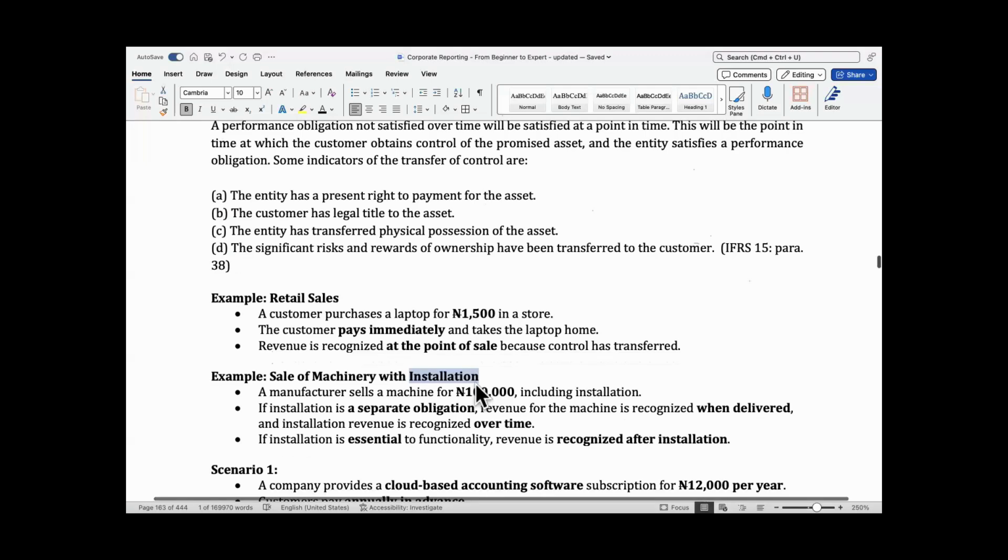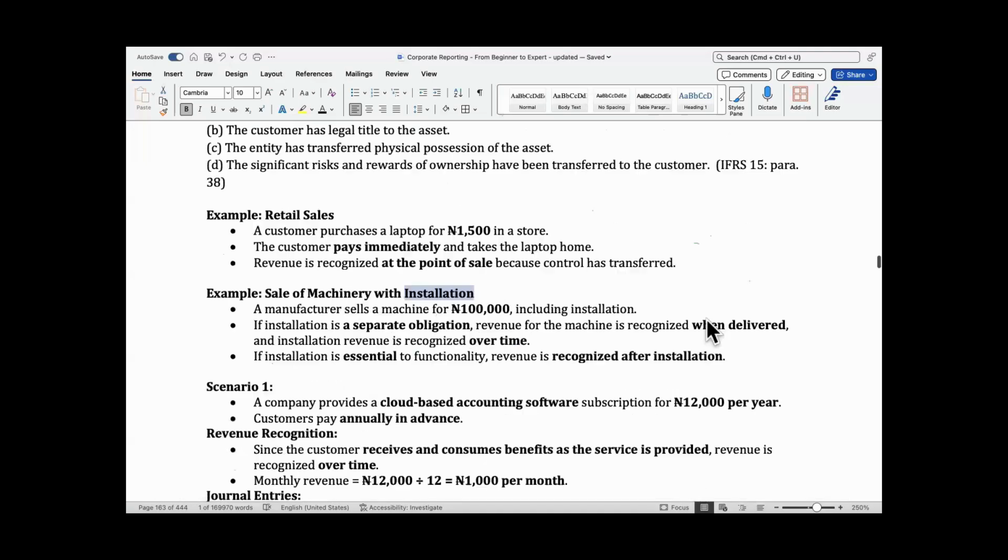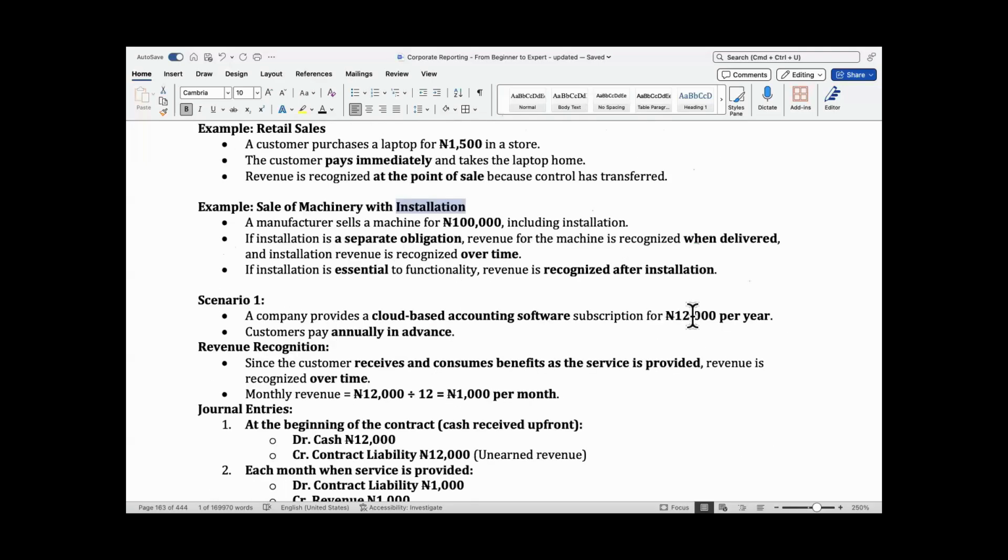Another one: a company provides a cloud-based accounting software subscription for 12,000 naira per year. The customers pay annually in advance. If you work with such a company, you cannot recognize the 12,000 you receive as revenue.